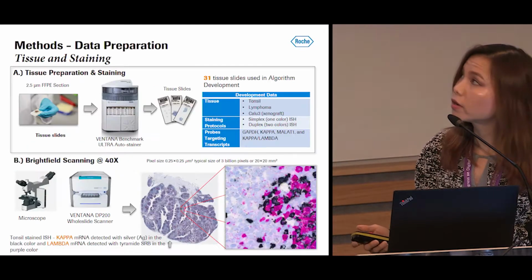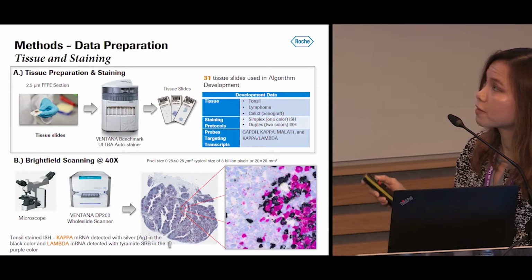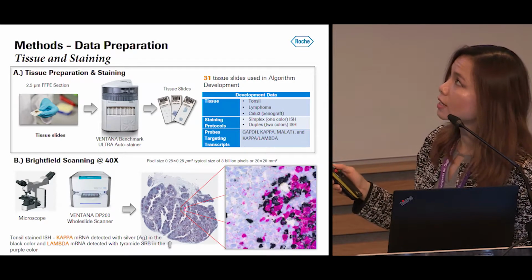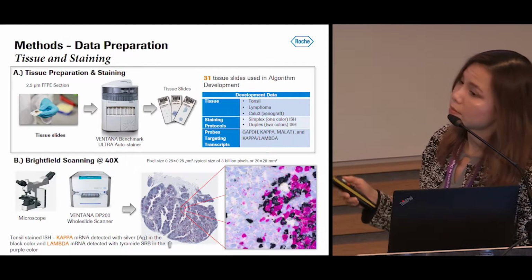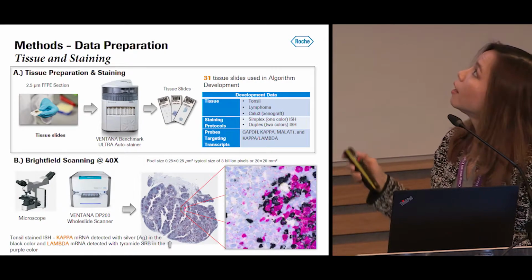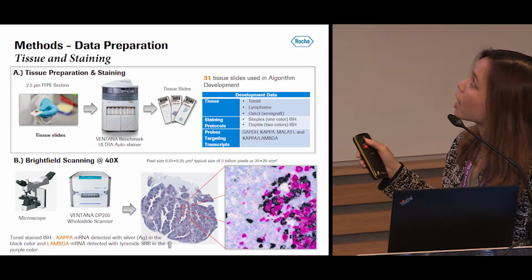For the method, we first prepare the tissue. The tissue has been fixed and cut, and we use an auto stainer to stain the tissue. We obtained 31 slides for use in development, consisting of this tissue type.